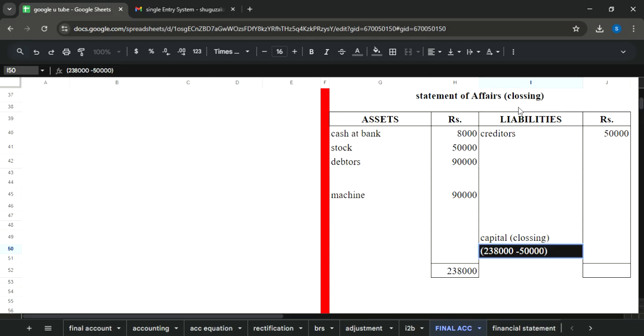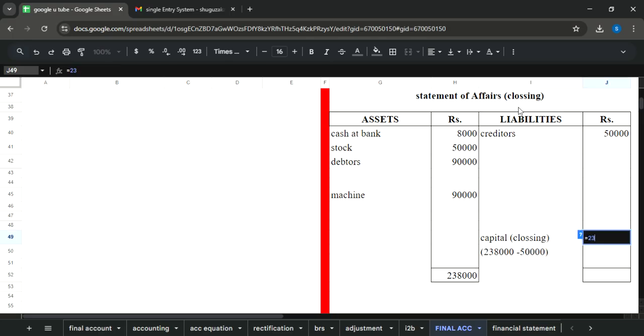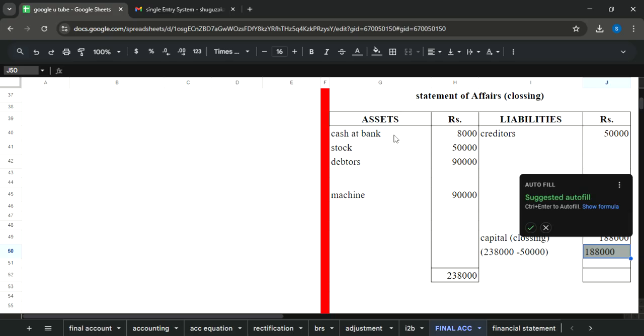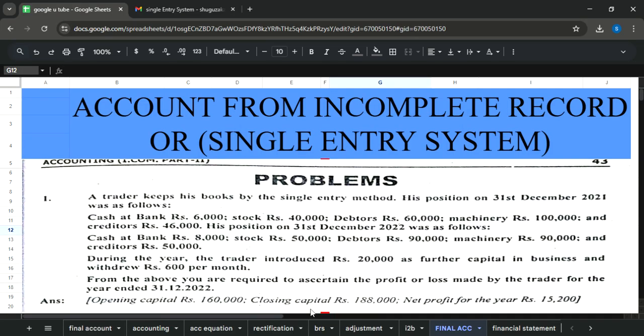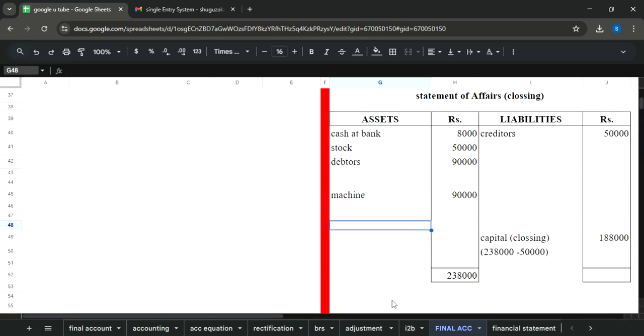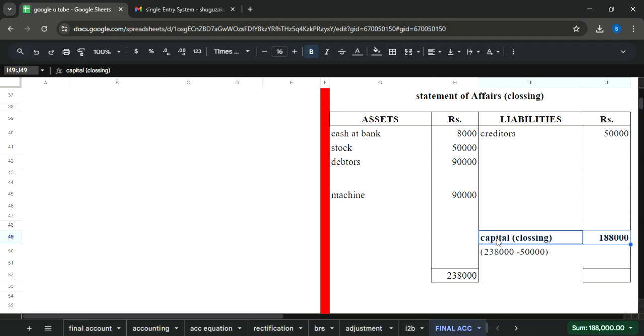This way you will be able to calculate, as I have said, total of the asset side less total of the liability side. So finally what we have got is your statement of affairs closing answer. Look here, closing capital 188,000 and our answer is also 188,000. Guys, in this way we have completed our second step.